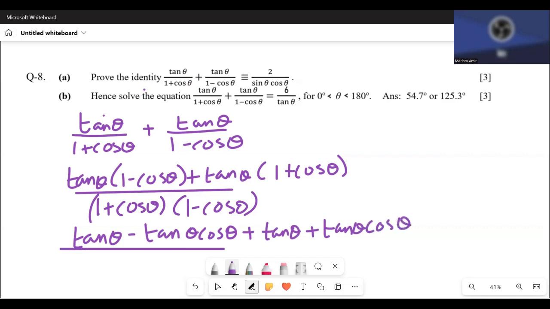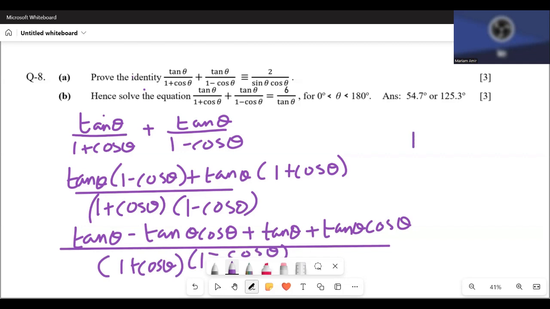The denominator stays the same. Now, in the numerator, this and this cancel out and we have 2 tan theta.